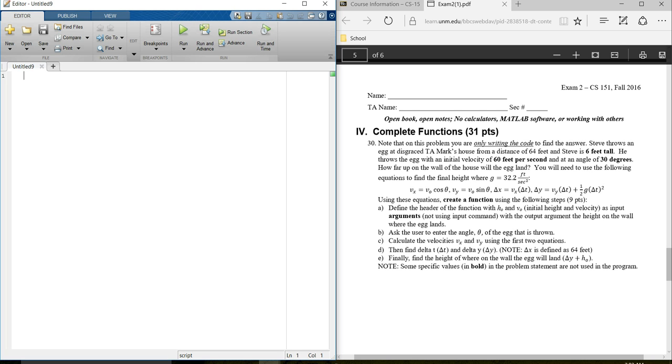Define the header of the function with h naught and v naught, initial height and velocity, as the input arguments. I could put h0, v0.